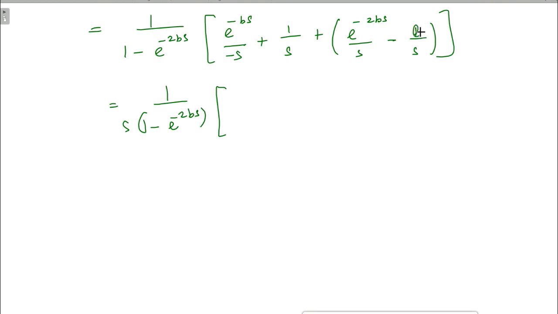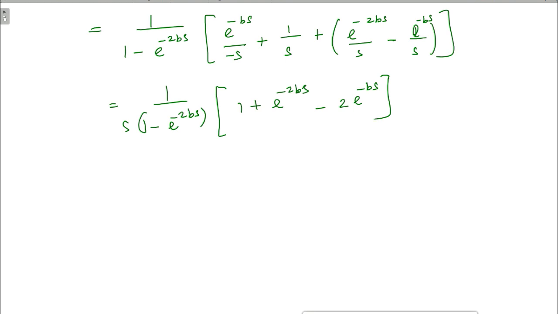After taking s as a constant, you get 1 plus e power minus 2bs minus 2 e power minus bs. The first and third terms are the same, so I have added them. You make it like this.